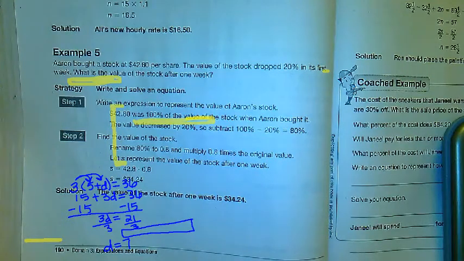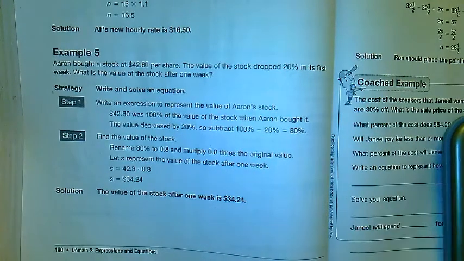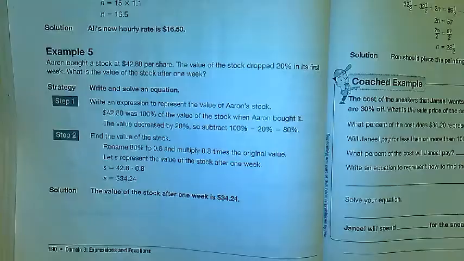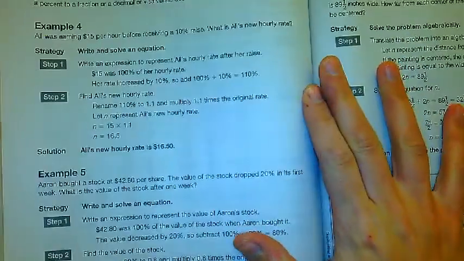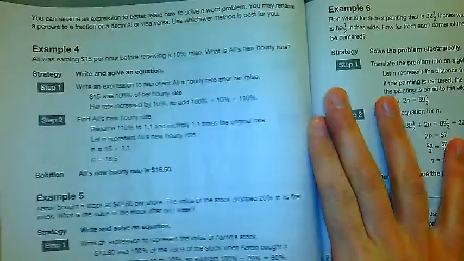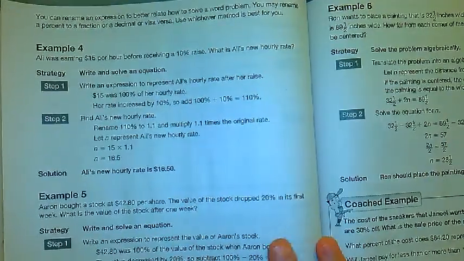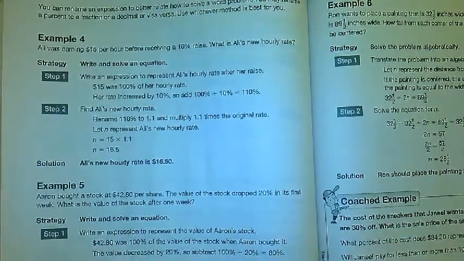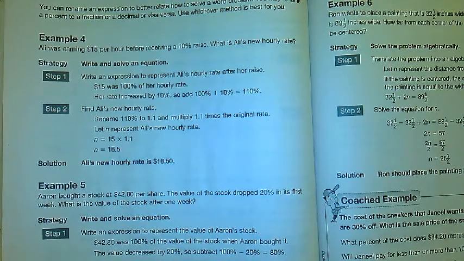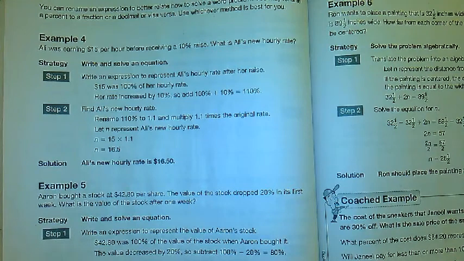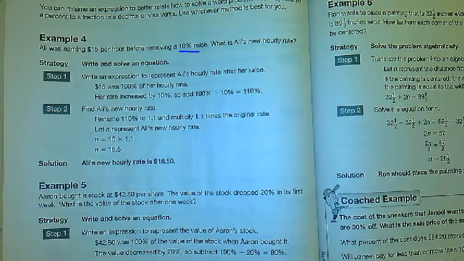Okay, so now the next one. Example number 4. So now we're going to be talking about percentages. So Allie was earning $15 per hour before receiving a 10% raise. Okay, 10% raise.